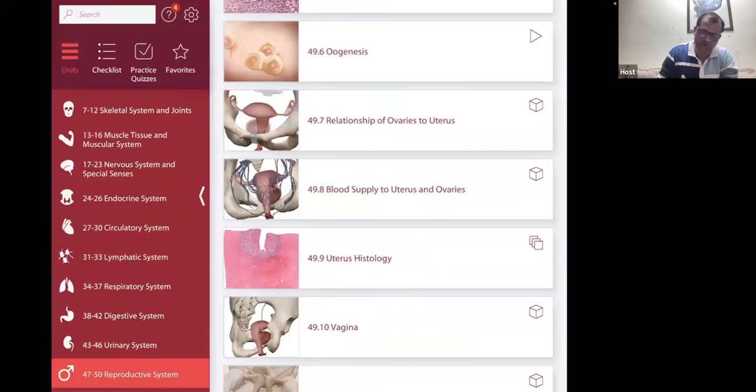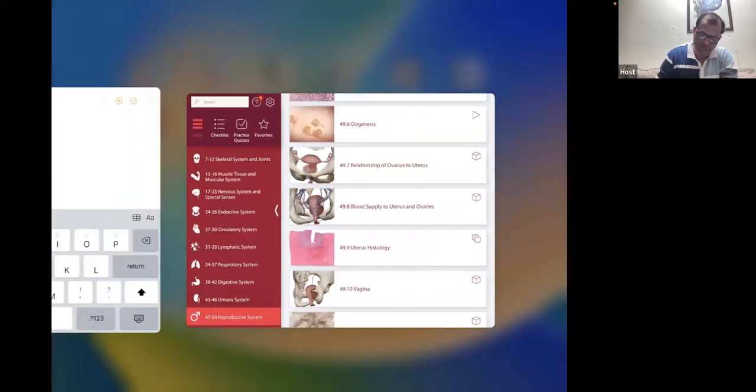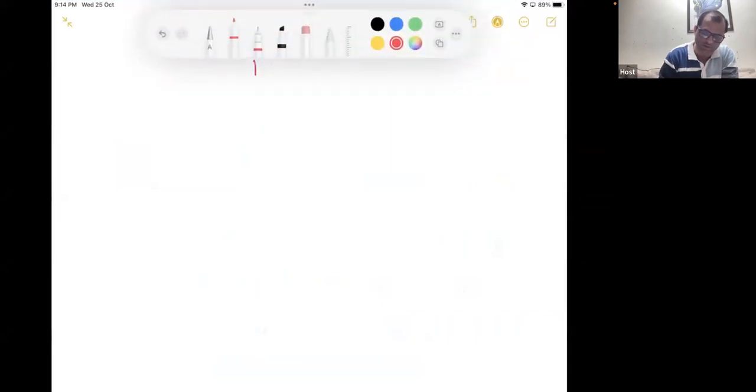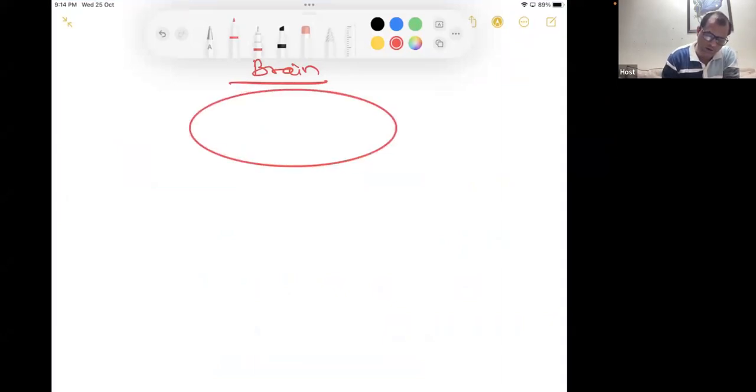So whenever we talk about the ovary, जब भी हम ओवरी के बारे में बात करते हैं तो हमें वो कहानी हमेशा ब्रेन से स्टार्ट करनी होती है. We always have to start from the brain, right? So we know in the brain there is one very important part that is called the limbic brain, or we can say emotional brain.